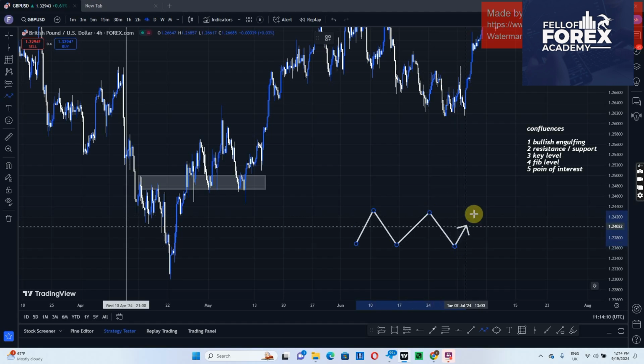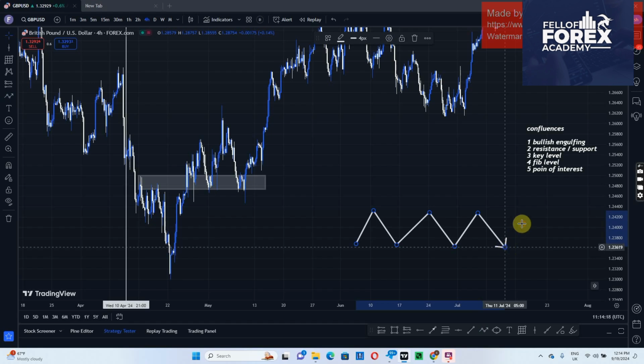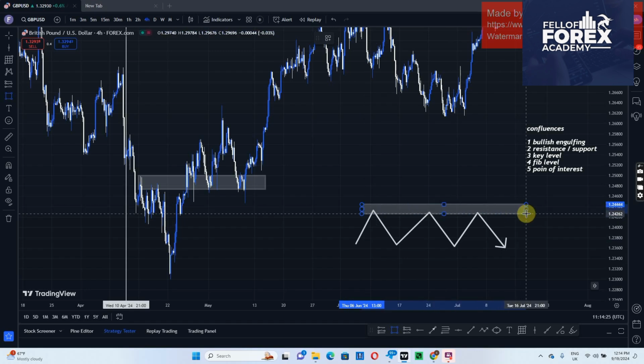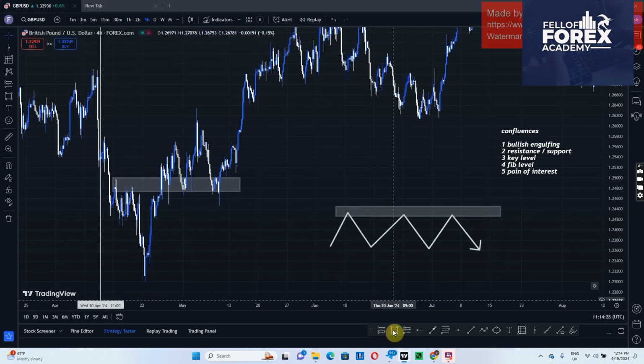A support and resistance can also be considered as points of interest. It's very simple. So these two confluences are actually the same thing, but you can call them anyhow you want. Perfect. And we have another one.